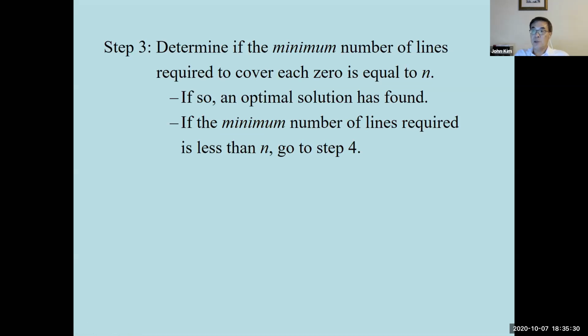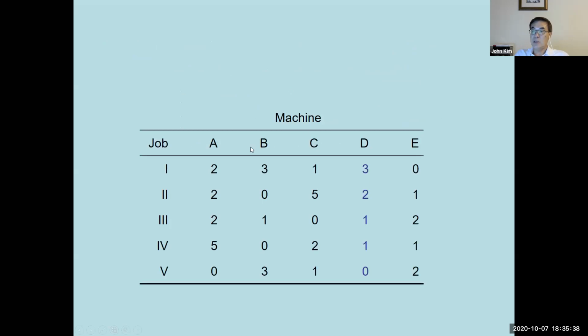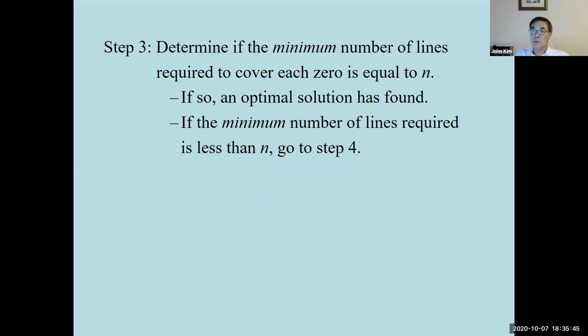If the minimum number is the same as n, in this case n is 5, 1, 2, 3, 4, 5. So the minimum number of lines to cover all zeros, then 5, then we can get the optimal solution. But if not, then we need another step.